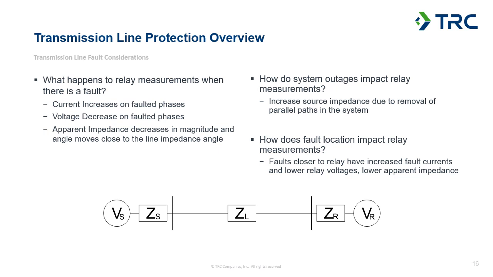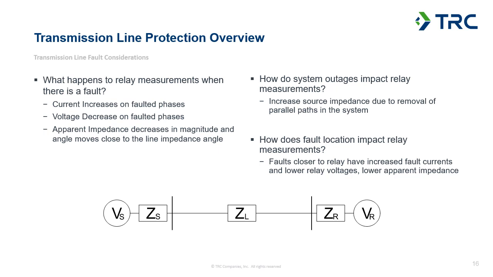So when you have a fault on the line, if we take a look at one of the relays, we can start to think about what that relay is seeing in a normal load scenario versus a fault scenario.